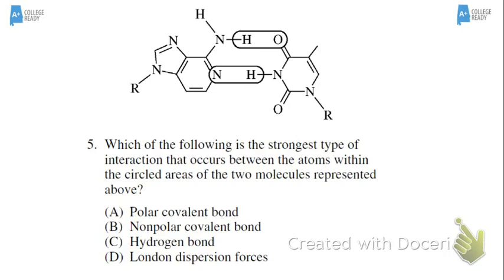So let's take a look at this first question right here, AP level question. Which of the following is the strongest type of interaction that occurs between the atoms within the circled areas of the two molecules represented above?